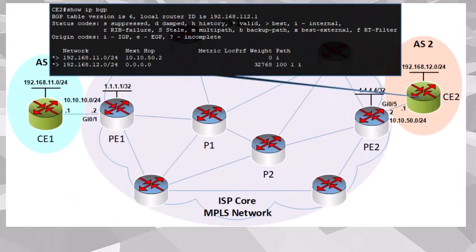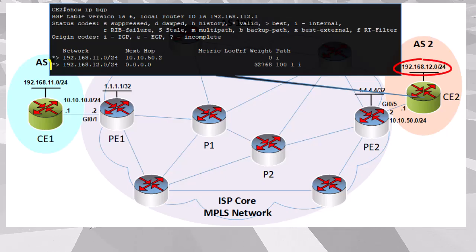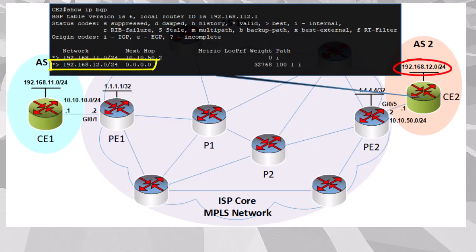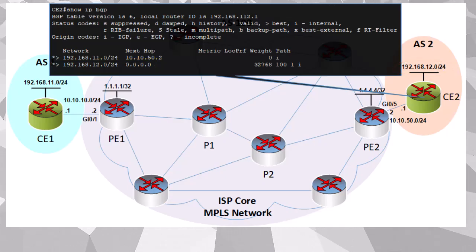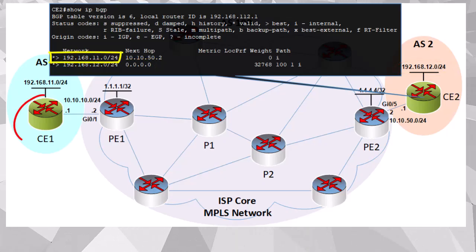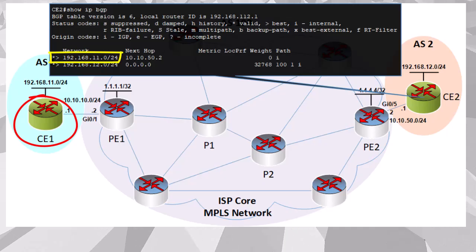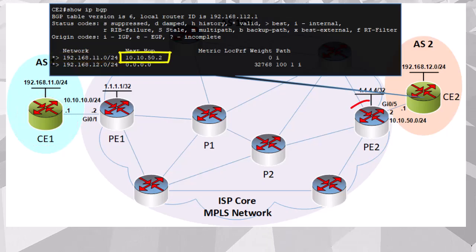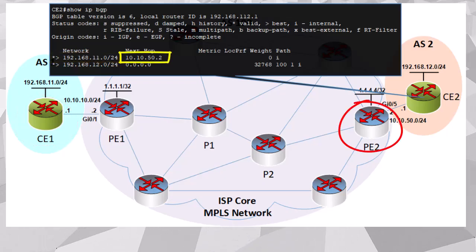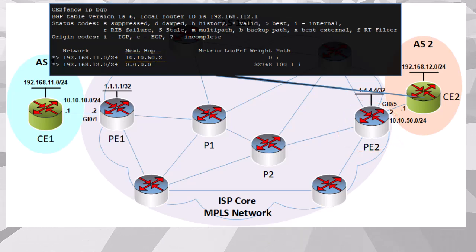Similarly, you can see in CE2 the local network in the BGP table that has been injected into BGP using the network command, as well as the network that is on CE1, which is the 192.168.11.0/24. It too has been advertised using eBGP, and it has been learned by CE2. So we see that the networks have been advertised correctly to each CE router.